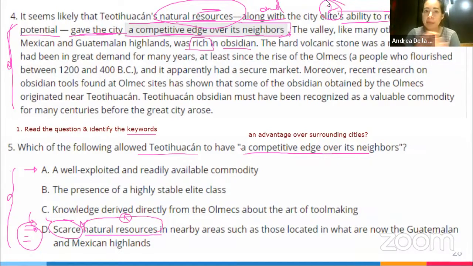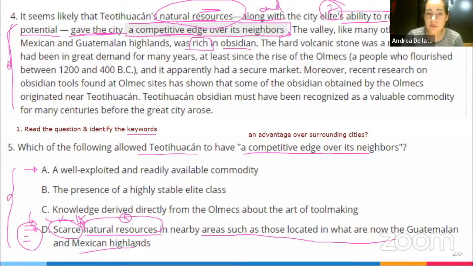The complete answer would be natural resources and the ability to recognize their potential. It has natural resources, but it is not correct, right? Because they weren't scarce. We would also have to check, let's say that they were scarce, we would have to check that this is true as well, right? We cannot just choose one because it has something.